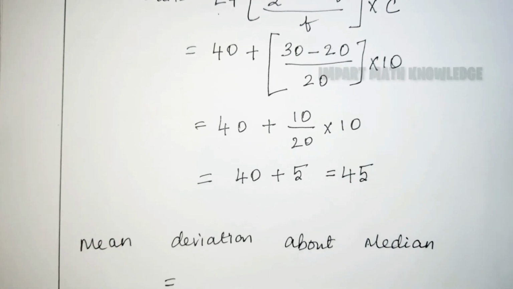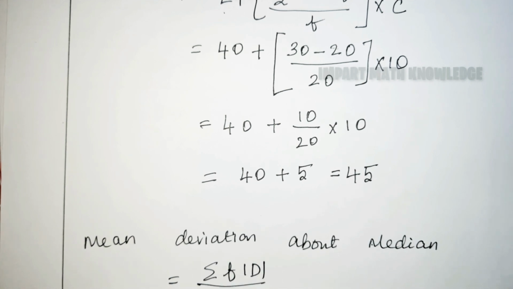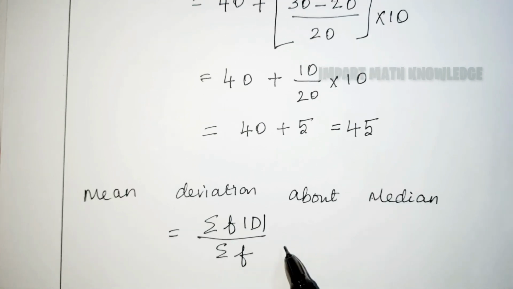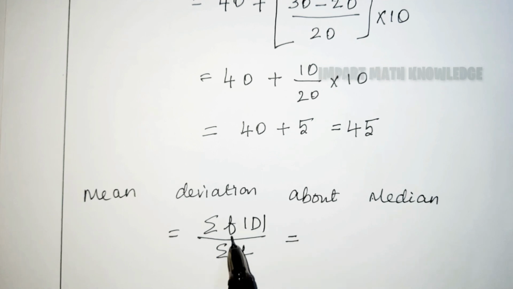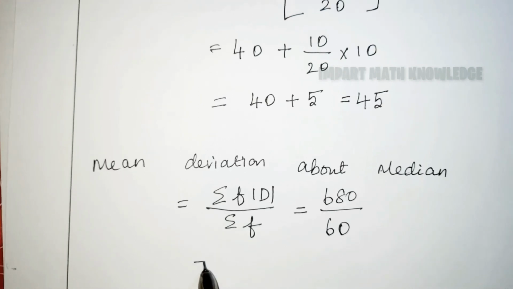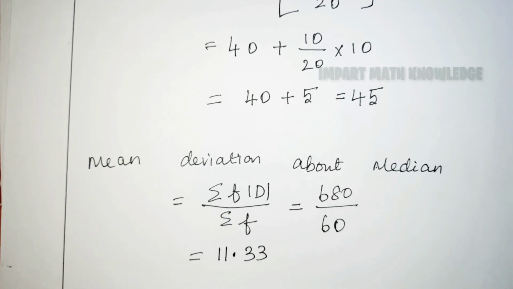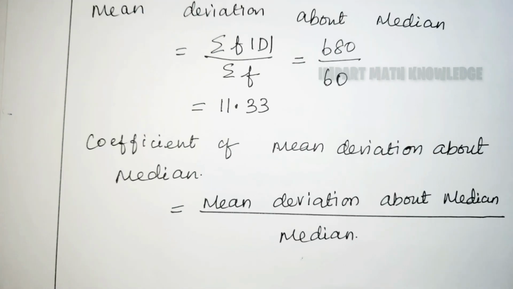Mean deviation about median is equal to summation f mod D divided by summation f. This is equal to summation f mod D is 680, summation f is 60. This is equal to 11.33. Mean deviation about median is equal to 11.33.